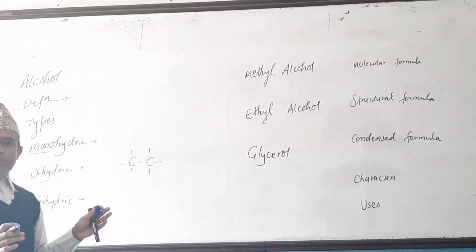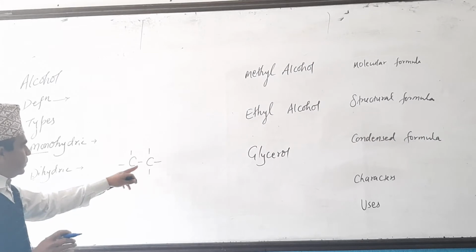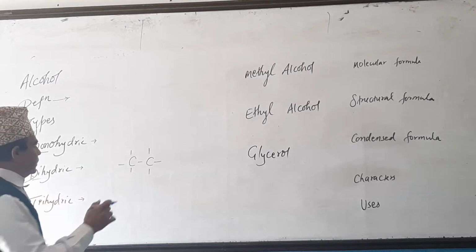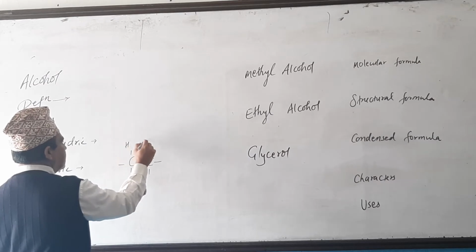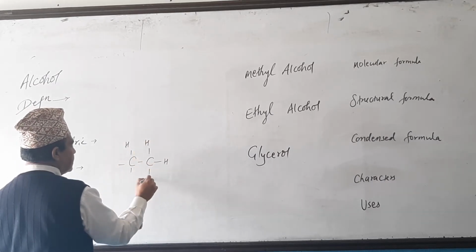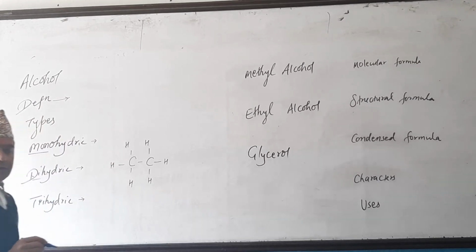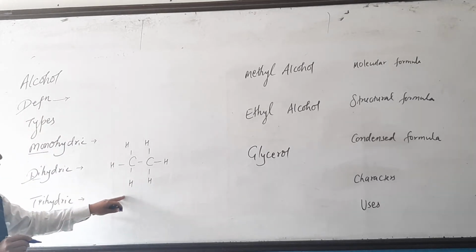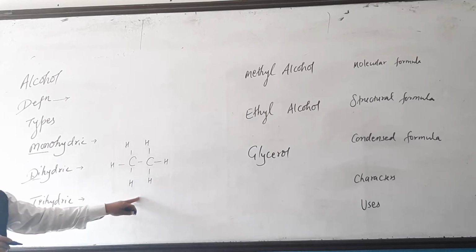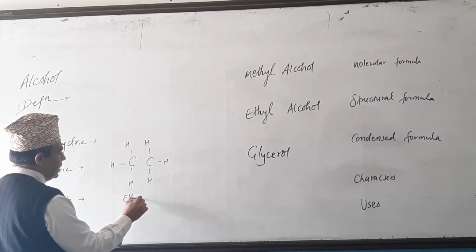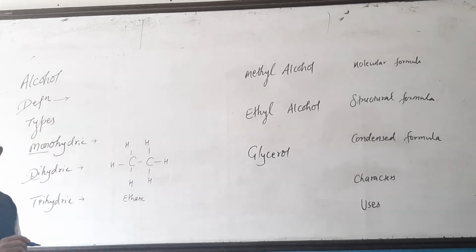Saturated or unsaturated? Saturated, because in between carbon atoms there is a single covalent bond. So, hydrogens are connected to carbon. What is the name of this compound? This compound's name is ethane.